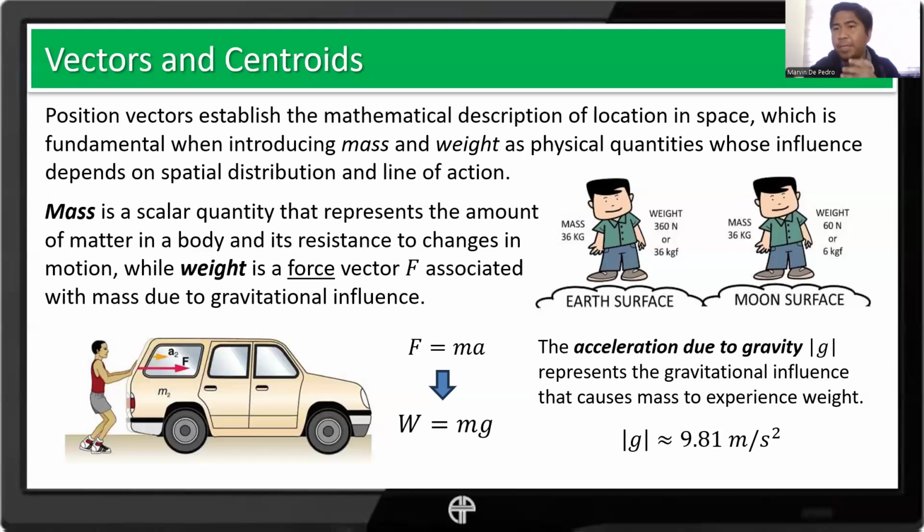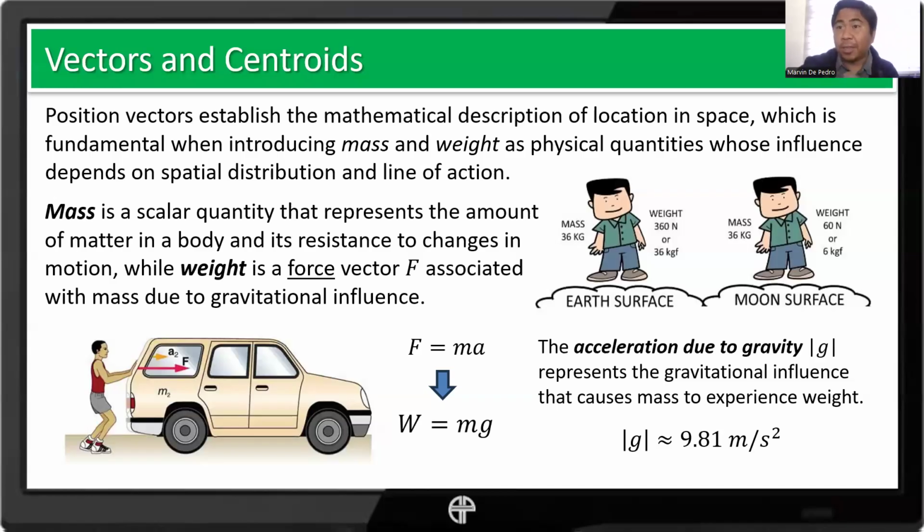An object has the same mass wherever it goes, as long as none of its parts gets removed. As long as it stays 100% intact, wherever it goes, the mass will remain the same. Which means whatever your mass is on Earth, that will also be your mass in space or on other planets. Whereas we have the term weight, which is a force vector.